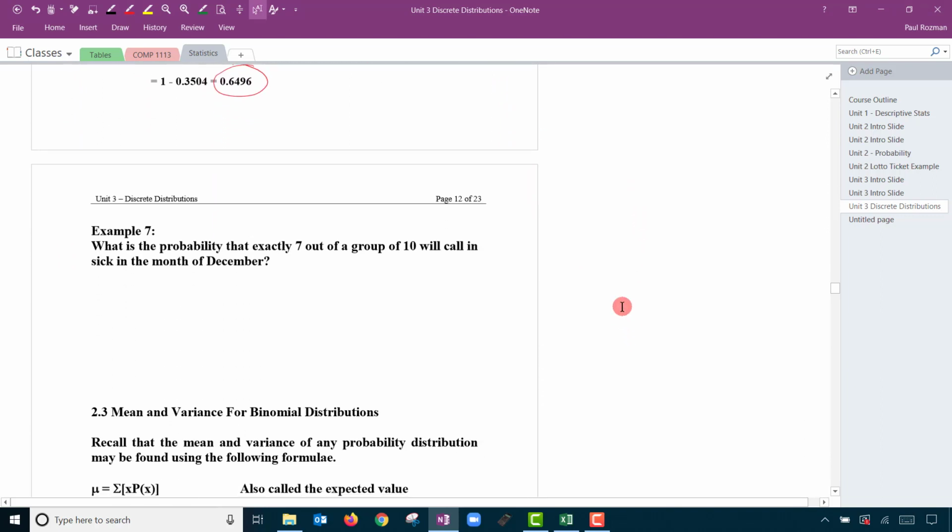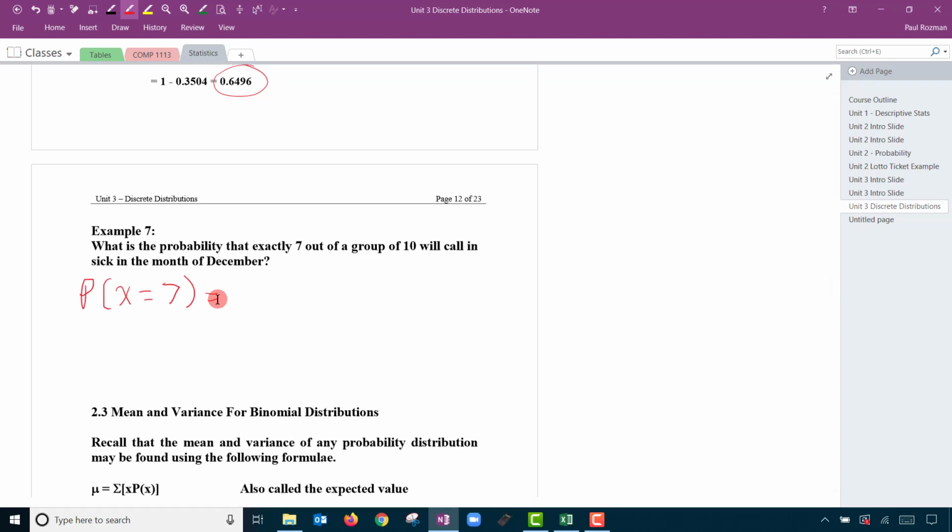The next question here is, what's the probability of exactly 7 people calling in sick out of 10, where they still have a 70% chance of calling in sick? This is an equal to problem. We could use the formula. We could use the table. We could use Excel.